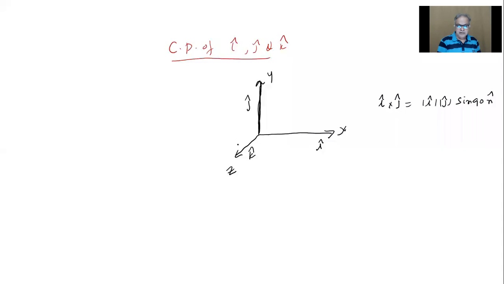So what is that? k cap, isn't it? Like this. z is towards you. Do you follow? If I turn like this, thumb comes towards me. So that n cap is nothing but k cap. So i cross j is k.